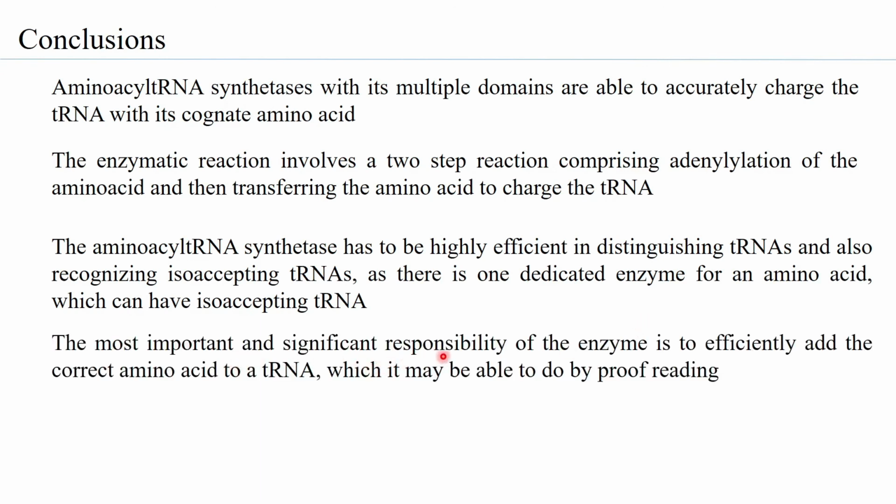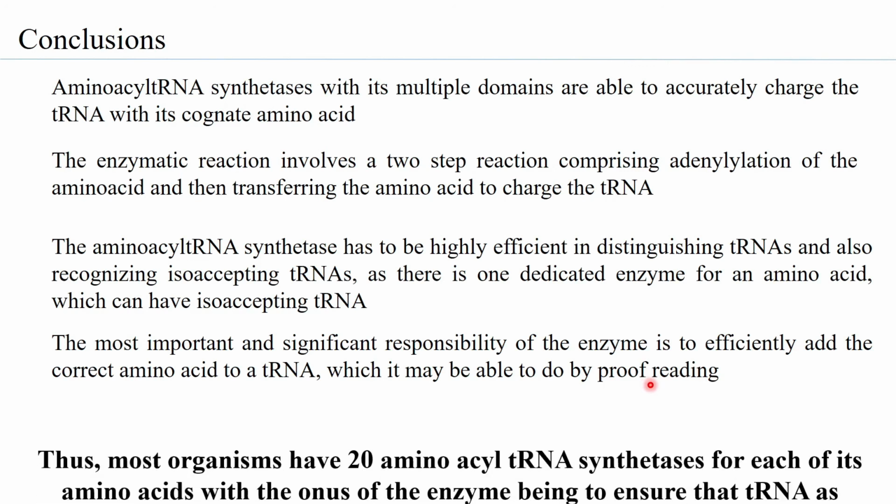The most important and significant responsibility of the enzyme is to efficiently add the correct amino acid to the tRNA, which it may be able to do by proofreading through the editing pocket, or by ensuring that the interactions lead to a free energy change that is favorable.